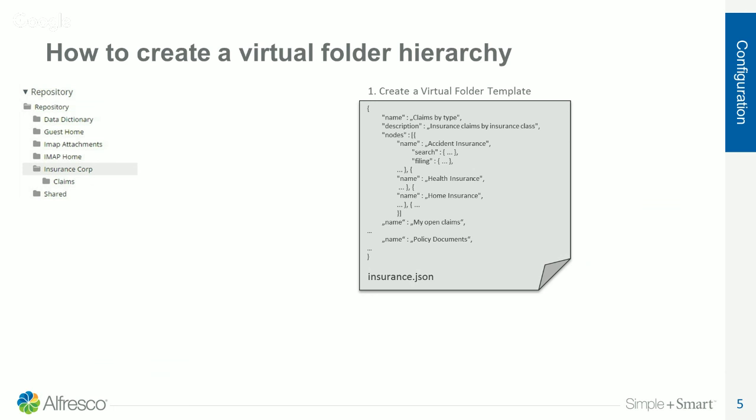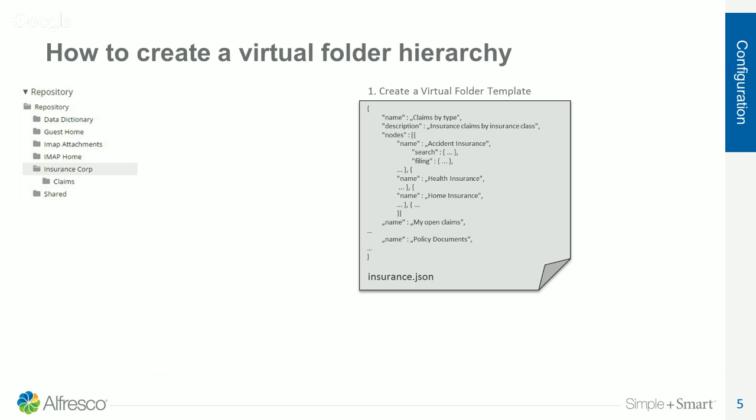A virtual folder template can define multiple nodes, multiple folders that are arranged in a hierarchical folder structure. So you define more than one folder node in one virtual folder template. And for every node, you have to provide a search query. So the properties that form the properties for the search that is executed to form this folder.